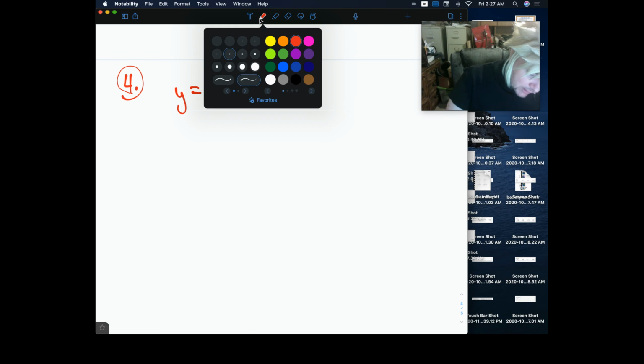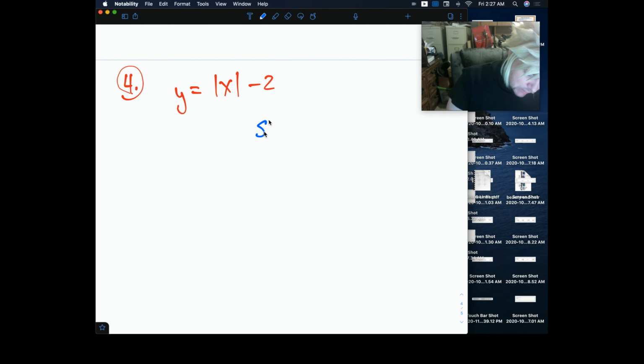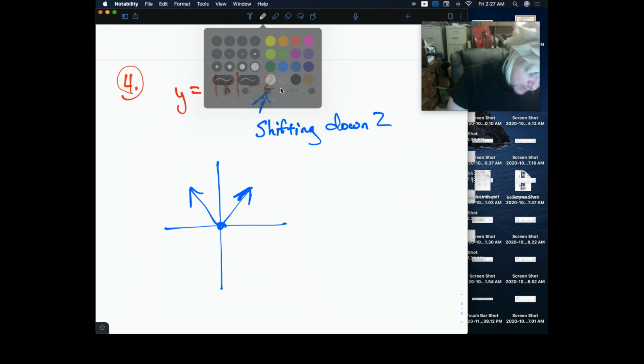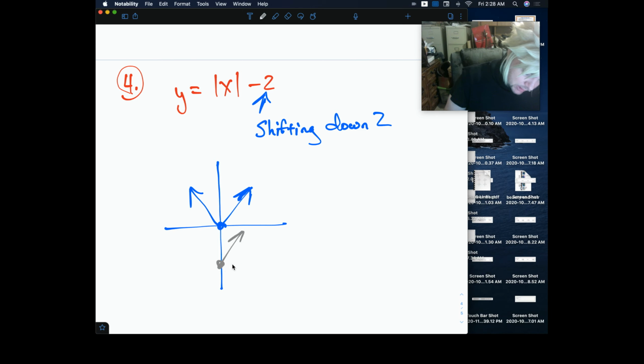So hopefully everyone sees that this would be shifting down 2 still. So it's the same exact thing, you just have a different function. So the parent function looks like so. And so if this is being shifted down 2, this would be at negative 2. And that's it.